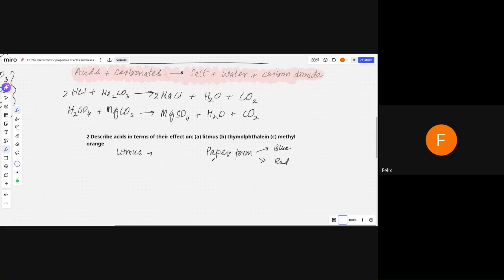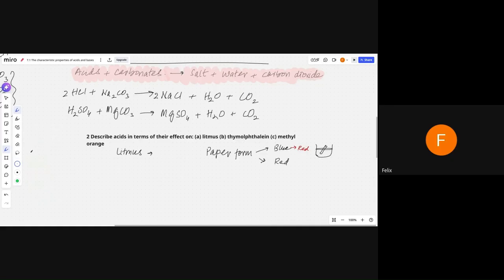So now, when an acid is added, if you have a beaker and a blue litmus paper, and you dip it in this liquid, and it changes from blue to red, that means that the liquid is acid, right?